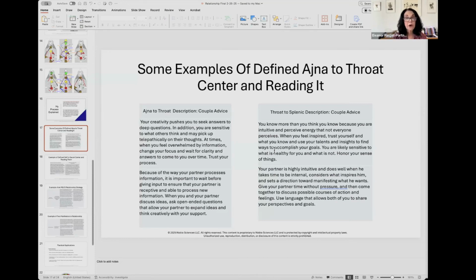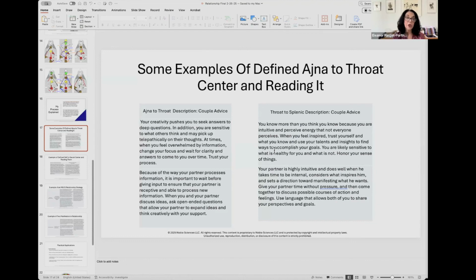So give your partner time without pressure. Then come together and discuss the possibilities. Use language that both of you share in your perspectives and your goals.